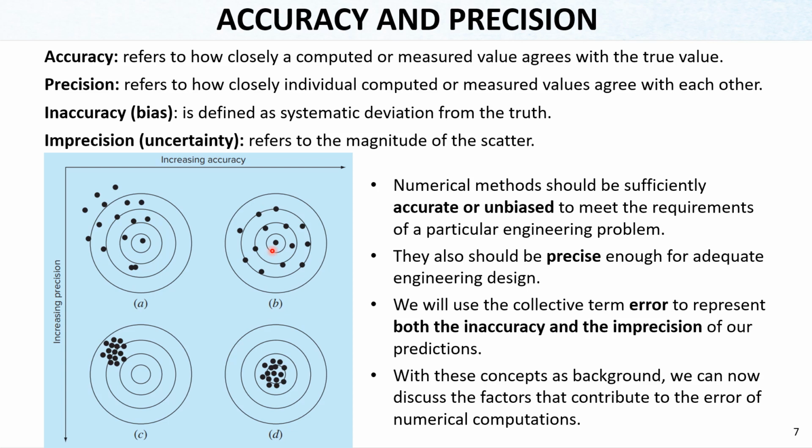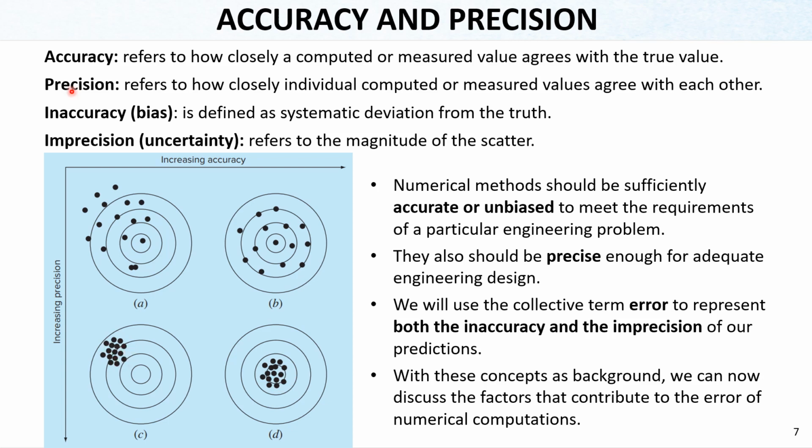This scatter is called precision, and simply it refers to how closely individual computed or measured values agree with each other. Here, for example, they are scattered in a narrow range, which means it's very precise. Here as well, these are precise.